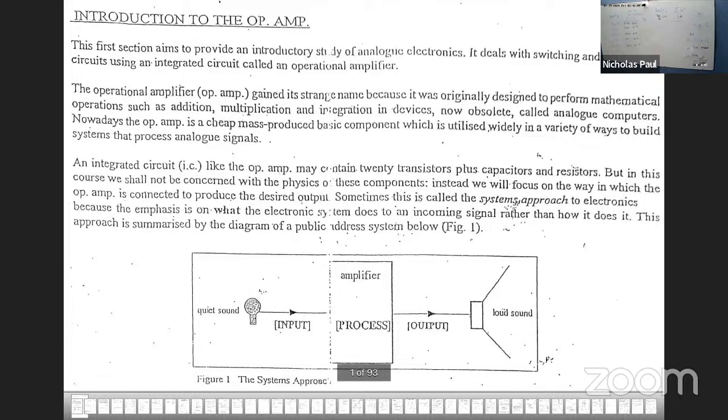The operational amplifier gained its strange name because it was originally designed to perform mathematical operations such as addition and multiplication, and it was integrated in devices, now obsolete because we don't really use them, called analog computers. Nowadays, the op-amp is a cheap, mass-produced basic component which is utilized widely in a variety of ways to build systems that process analog signals.